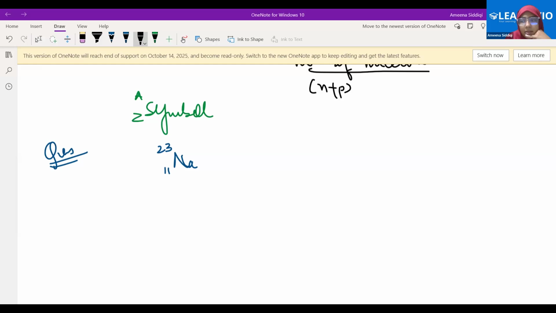It will be like 11, 11 and 12. Number of protons 11, number of electrons 12? No. Protons 11 and electrons I think it's 11. Electrons is 11 and neutron is 12. All of you got the same answer?